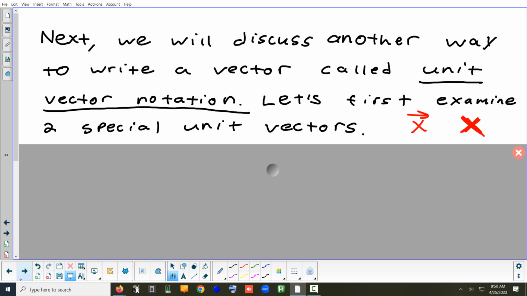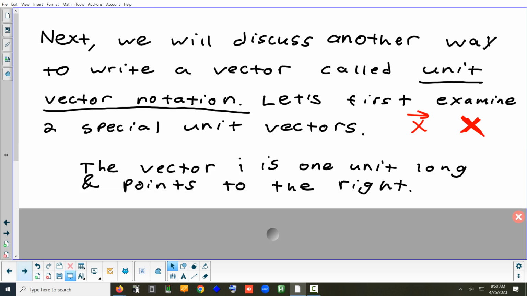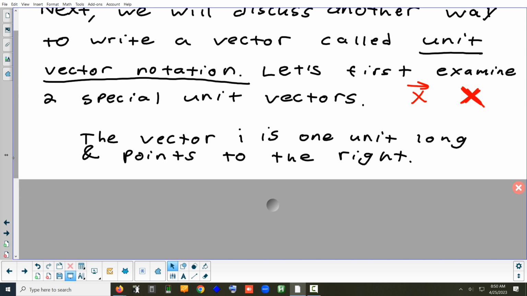Now, generally you can pick any letter you want to name a vector, except there's 3 letters you can't use, I, J, and K, because those are special. So I'm going to show you what some of those are right now. So you're talking about vectors, and you use the letter I. Nothing to do with imaginary, so don't think imaginary at all.